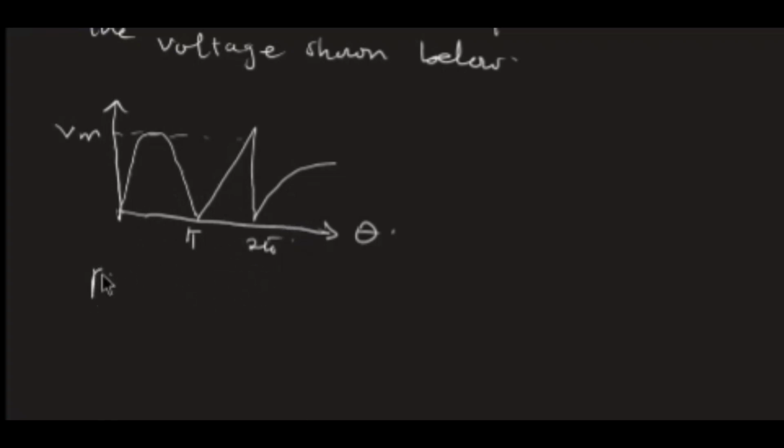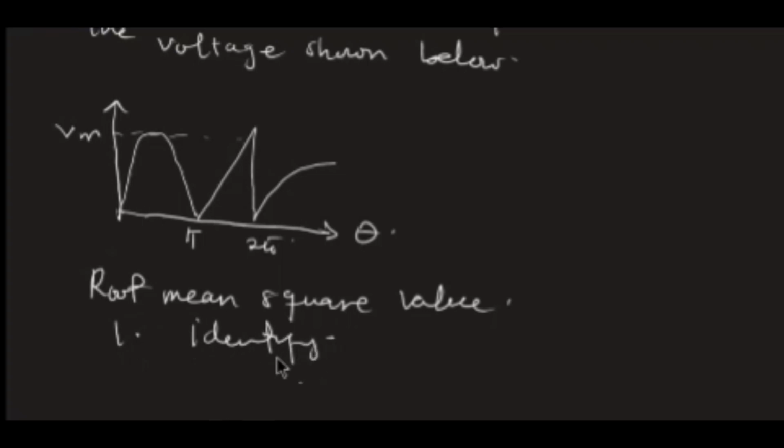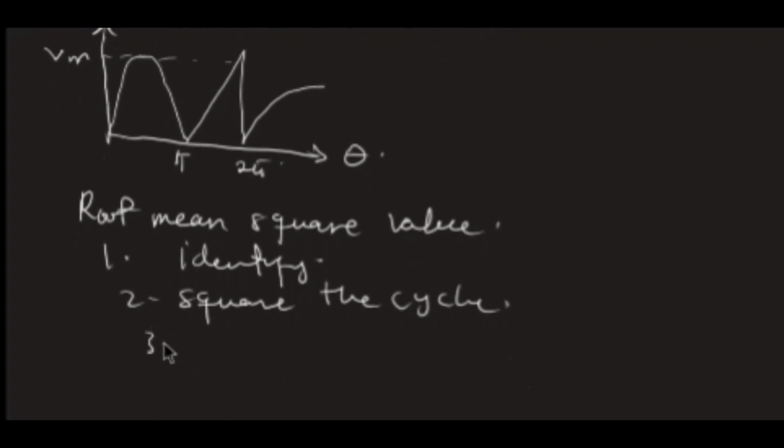Now, when you say root mean square value, how do you find the root mean square value? The first step is to identify your cycle. Once you identify your cycle, the second step is you will square the cycle. After squaring the cycle, then you find the area under the squared cycle.